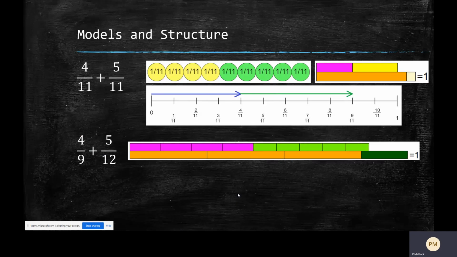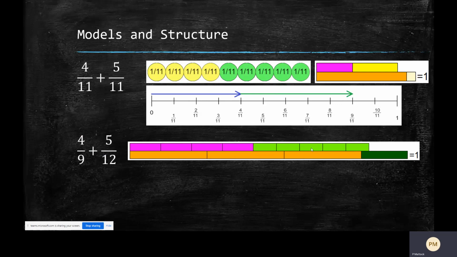I could do the same thing with the Cuisenaire. I need to set up a whole, and again, a lot of fractional work needs to be done in between, where I'm going to set up a whole that will allow me to display both 9ths and 12ths. Well, if this is my whole, then each of these purple bars is a 9th because it would take 9 of them to get across to my whole.